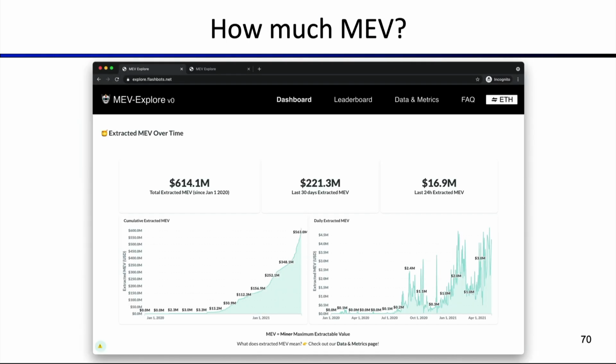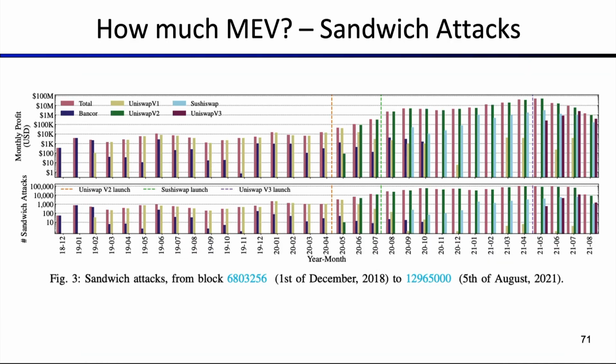So there are a variety of sources on how to measure miner extractable value. You can, for example, check out flashbots.net. They have a dashboard and their own data and their own metrics. We have also come up with our own metrics and heuristics on how to extract the value.